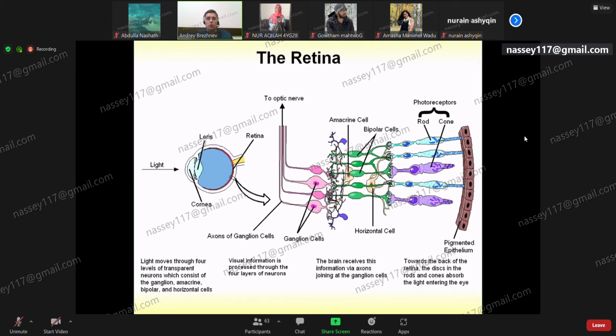With the help of rods, we can see only in an achromatic way, meaning we can see only black, white, and different tones of gray. With the help of cones, we can differentiate between different colors.